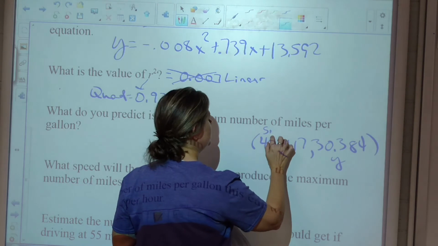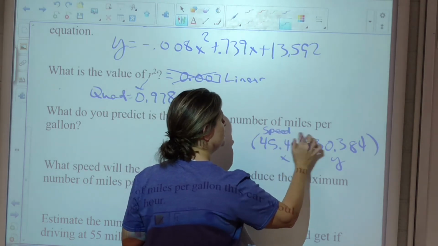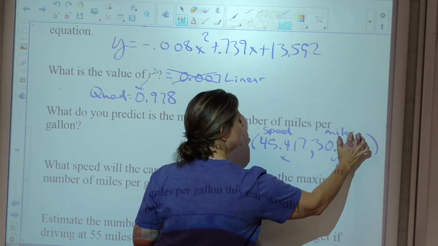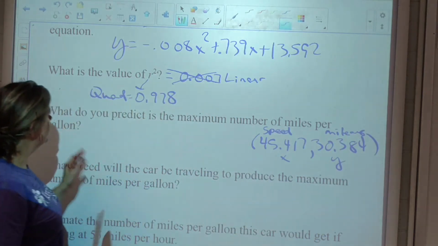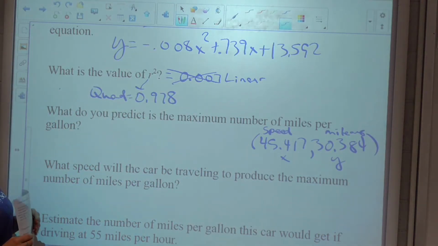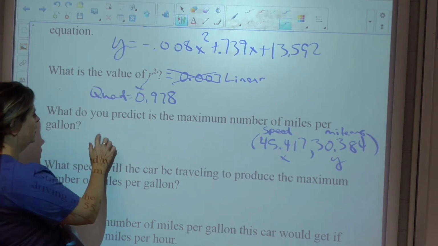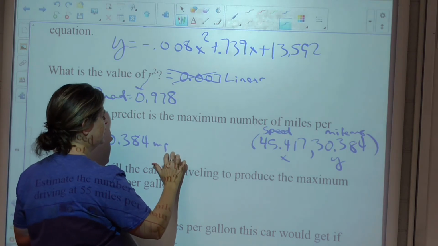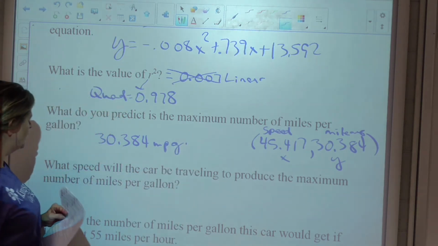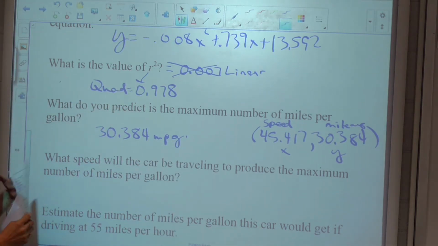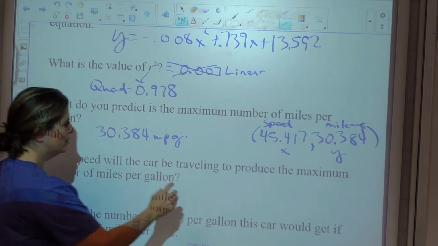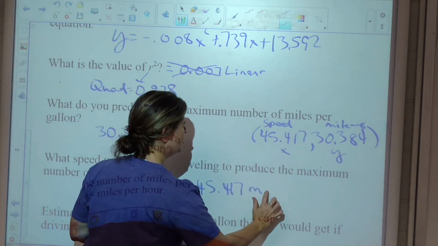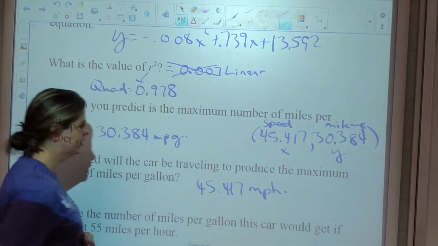So this is our maximum speed, and this is our maximum gas mileage. So when they ask us to predict the maximum number of miles per gallon, that's going to be the 30.384 miles per gallon. When they want to know what speed will produce that maximum, then that's going to be 45.417, and I believe that was miles per hour if you read.